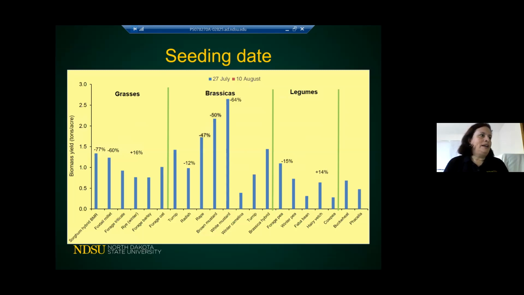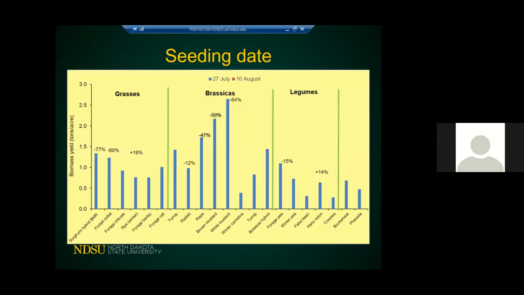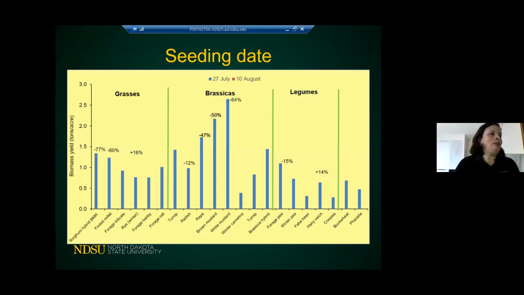The important thing about this graph is that you see the different families, grasses, brassicas, legumes, but within them we have warm seasons and cool seasons.